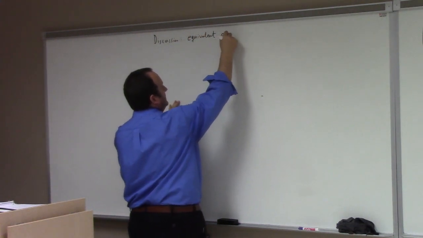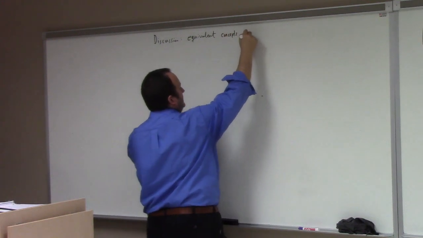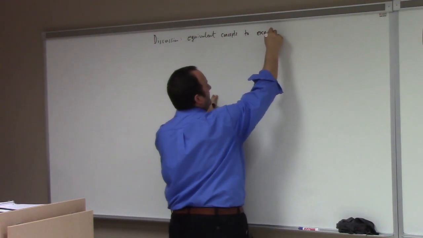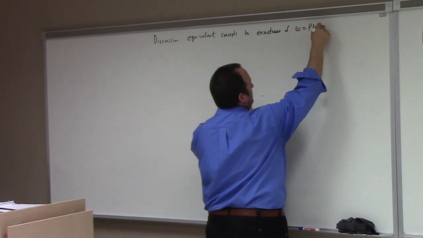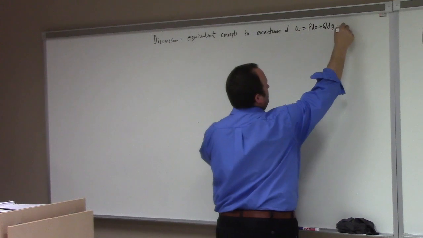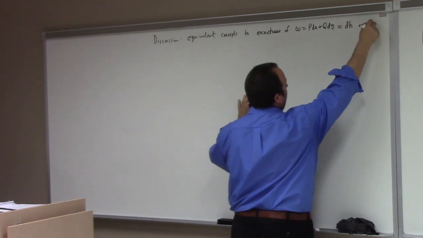Equivalent concepts to exactness of omega equals p dx plus q dy equals dh on U.